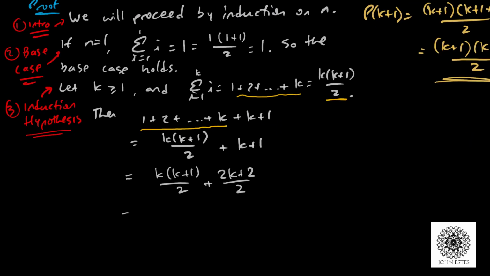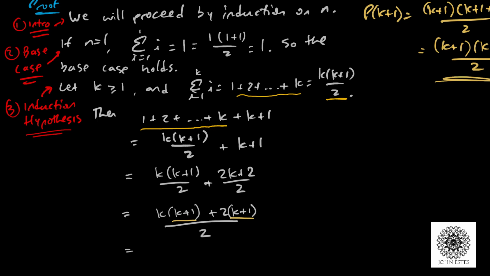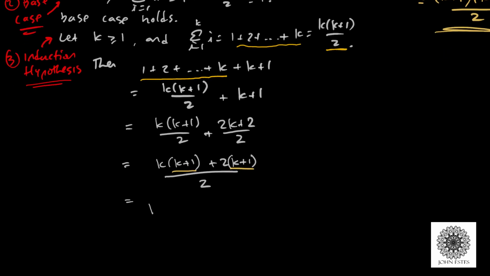So then I could combine these as k times k plus 1 plus 2 times k plus 1 all over 2. And now notice that I have two factors with a common term, and so I factor out that common term. So I'm being a little bit clever with my algebra here. End up with k plus 2 times k plus 1 all over 2.